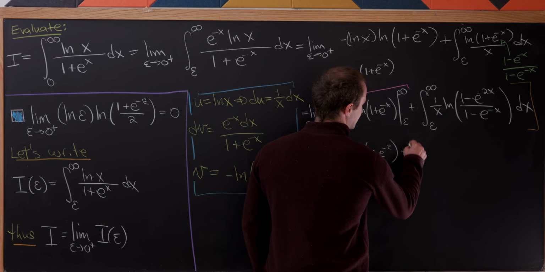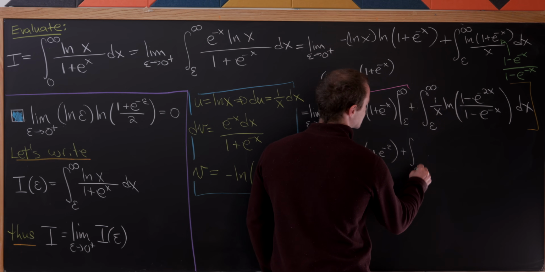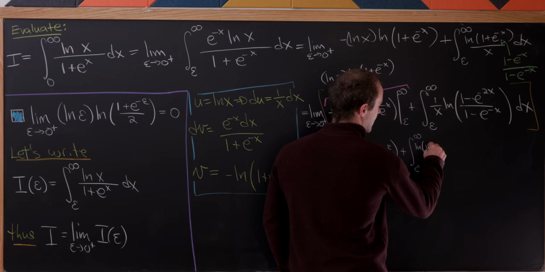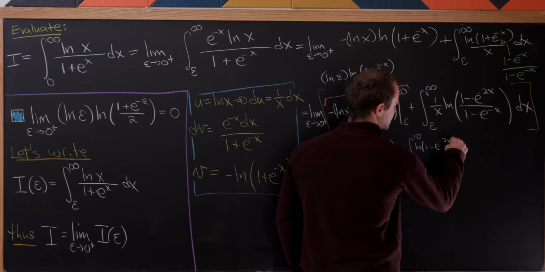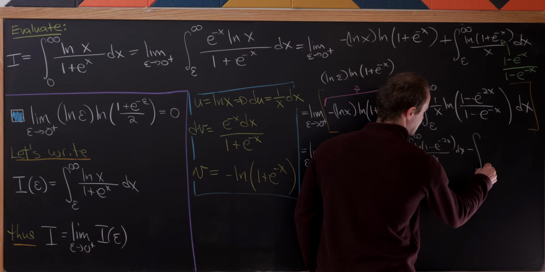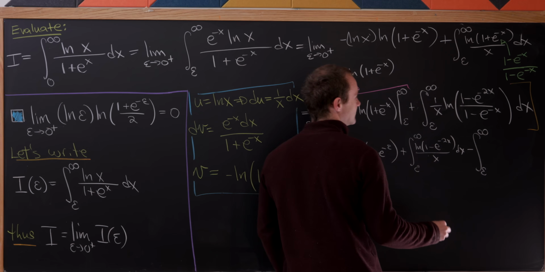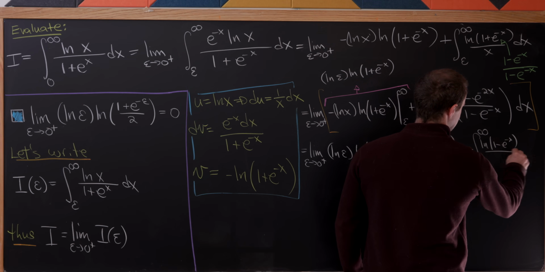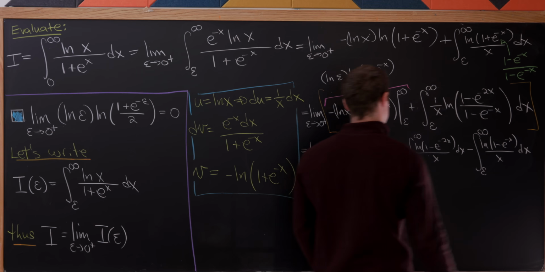So maybe we'll fit this in as the integral from epsilon up to infinity of natural log of 1 minus e to the minus 2x over x dx, and then minus the integral from epsilon up to infinity of natural log of 1 minus e to the minus x over x dx.